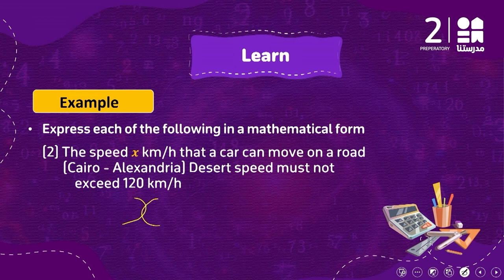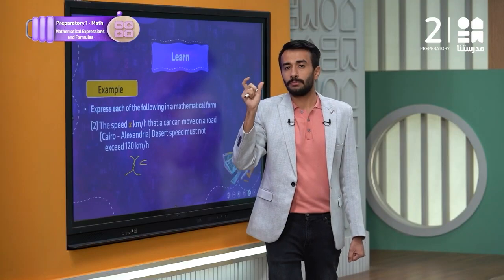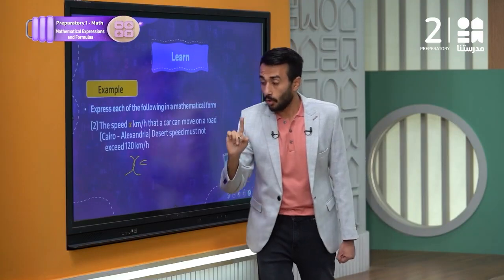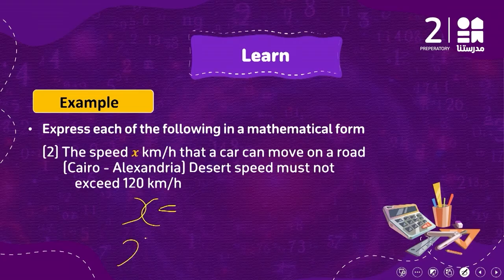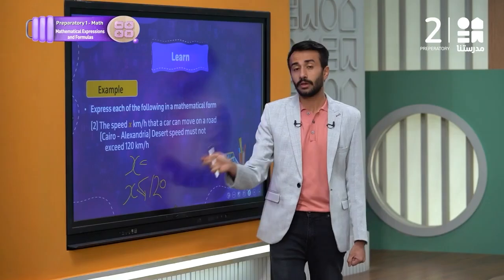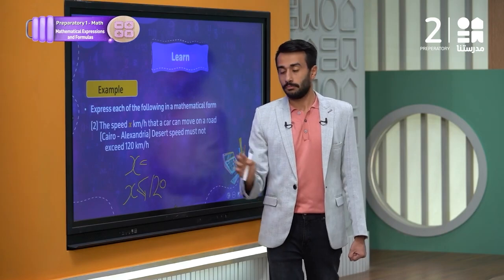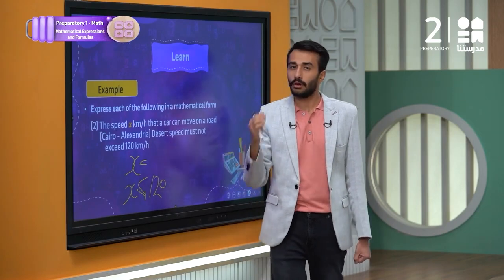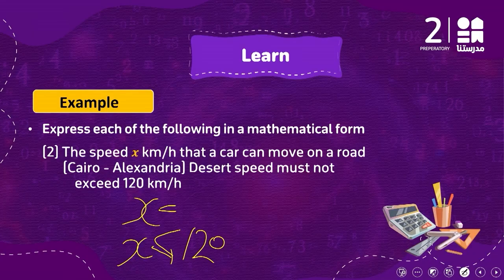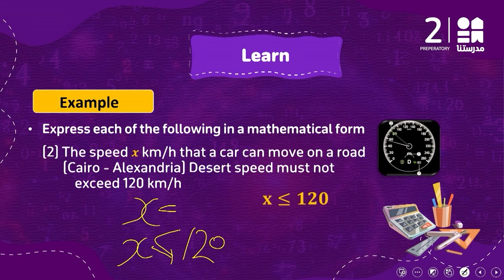We can't say x equals. This is wrong, as we can say that we have a speed of 120 or less. Or less, that means x less than or equal to 120. Why do we put an equal sign? As we can use 120 itself. We can really drive at this speed, 120, it doesn't have to be less. It can be 120 or less. x is less than or equal to 120. So here is the answer.